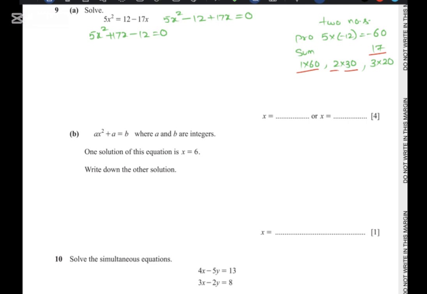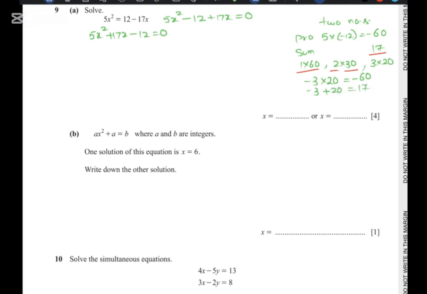So if I take 3 and 20 and do subtraction, I will get 17, and it should be plus 17. So if I take minus 3 and plus 20, I get minus 60 as product, and minus 3 plus 20 I get 17 as sum.